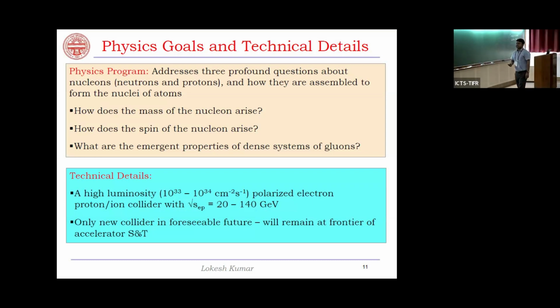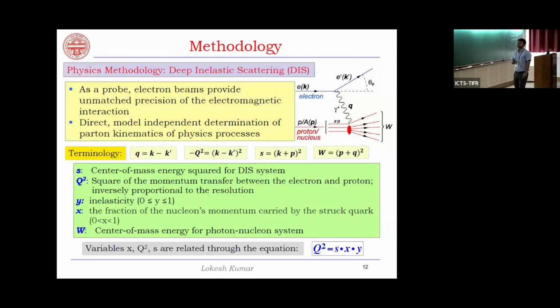Technically it's a high luminosity, of the order of 10^34 per centimeter square per second, polarized electron-proton-ion collider with center of mass energies ranging from 20 to 140 GeV. And as we have been talking about in this conference, this is the only new collider in the foreseeable future, and hence it will remain at the frontier of accelerator science and technology.